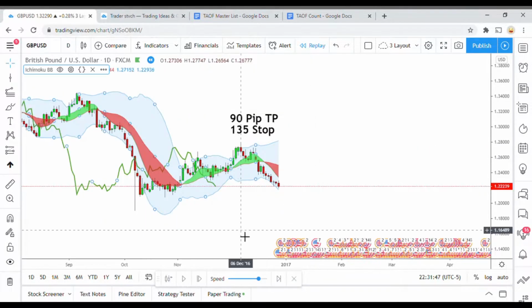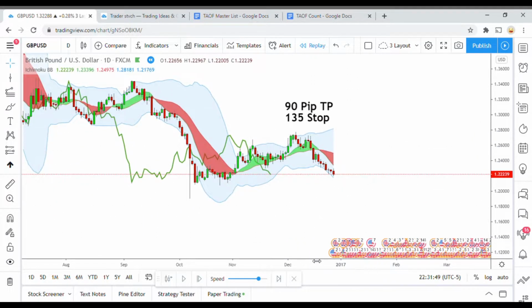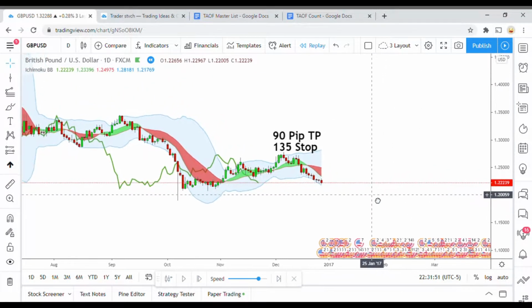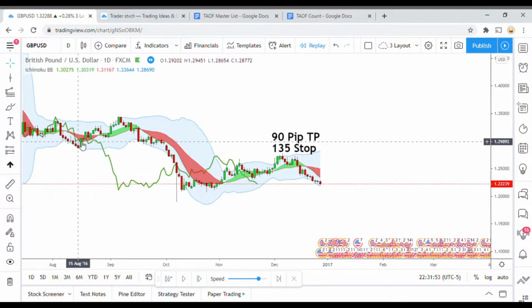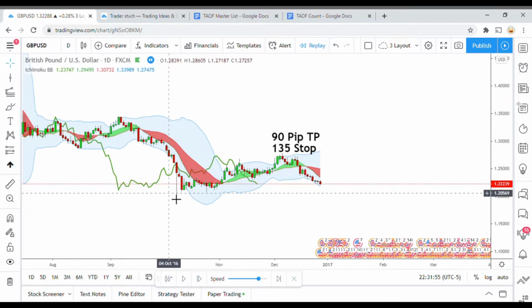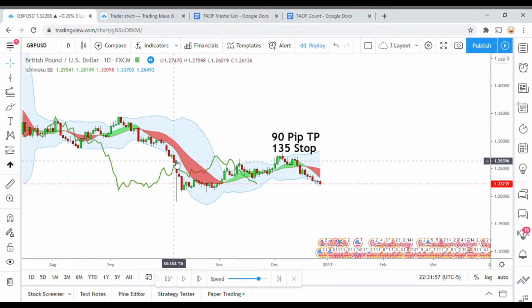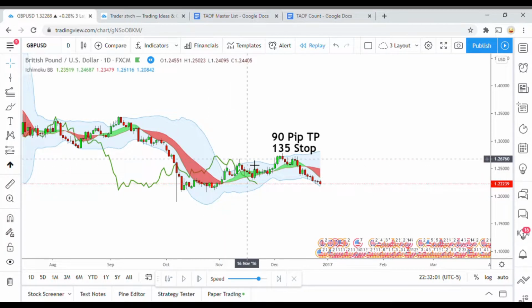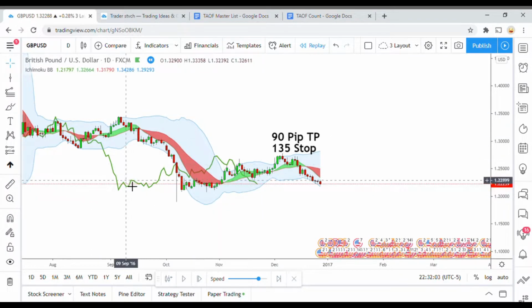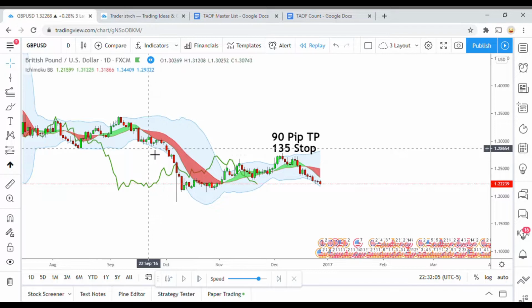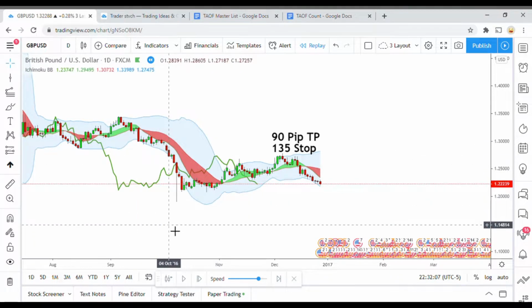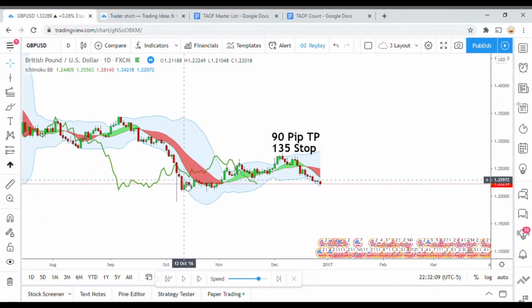And so if we take this, let me throw it back up here. The way that the lagging span can be used is that as price action is breaking either below or above, that can be an indication of a trend strength.